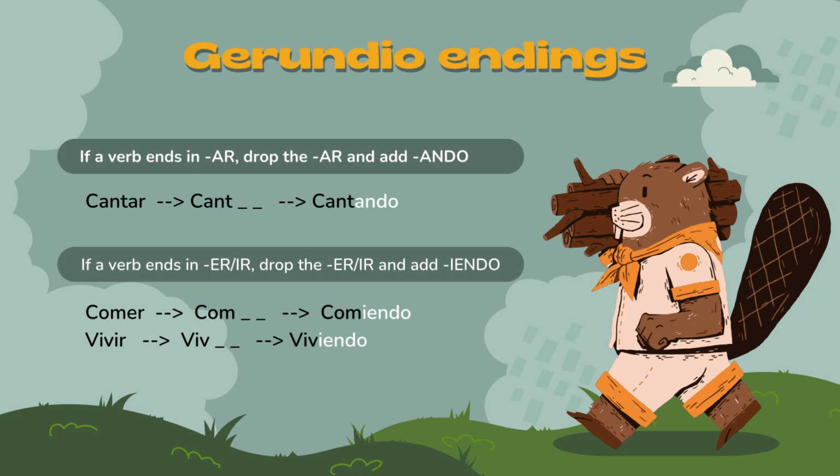The example reads, comer is our infinitive. We keep our stem, which is com, getting rid of the ER, and then we add iendo, comiendo, eating. For IR, we have vivir. We keep our stem, viv, drop the IR, and then we add iendo, which we have viviendo, living.